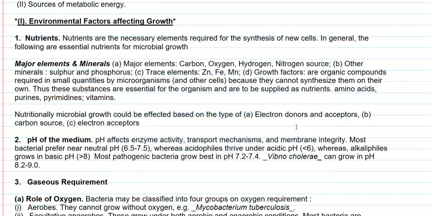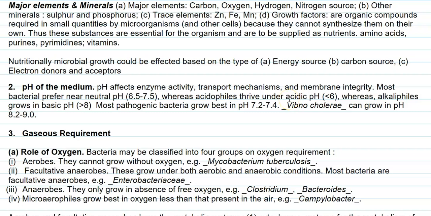These growth factors cannot be synthesized on their own by the microbe. So they need to be provided or be available in the environment. Then only they can be utilized. Thus, these substances that are essential for the growth of the organisms are supplied as nutrients, for example amino acids.